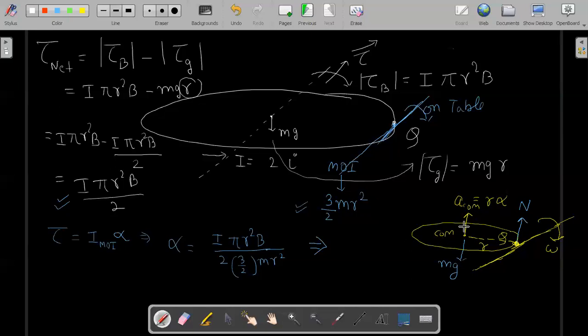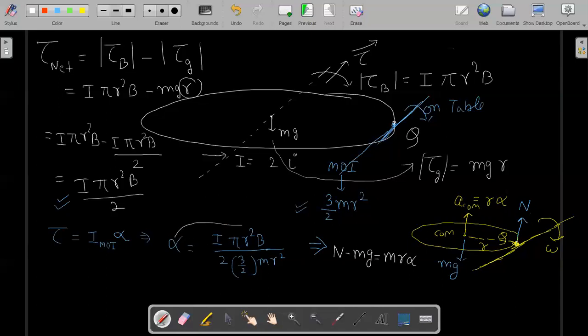Since the center of mass is accelerating upward, normal must be more than the force of gravity. And we can write that normal minus mg, which defines the net force, should be mass times the acceleration of the center of mass, which is r alpha.